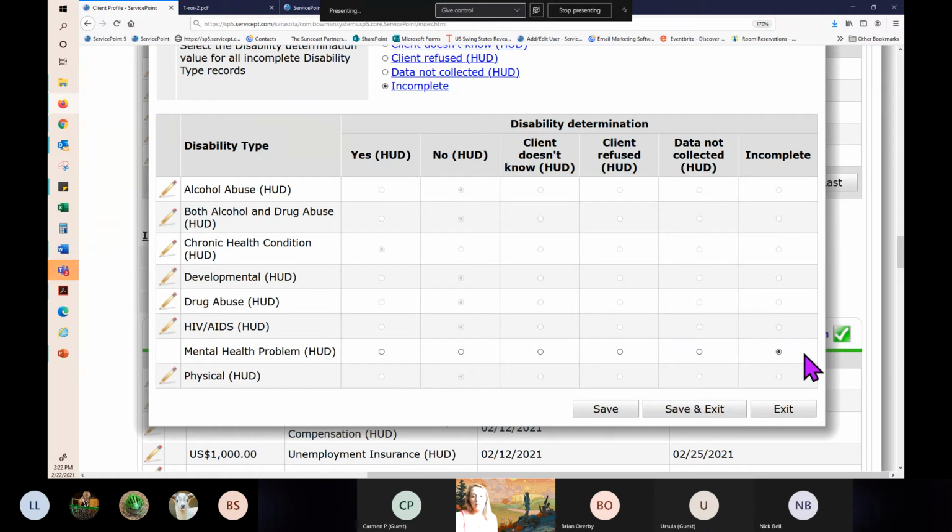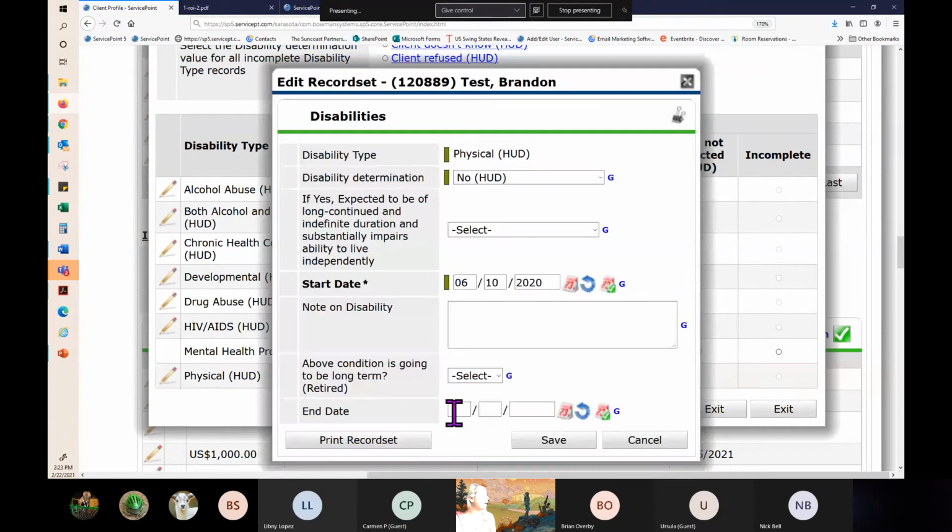From there, the system's saying, hey, there's no answer to this question now. Well, now you're going to say, as of this date, this response is no. Same thing with our physical condition. We are going to end this. We're not just going to change it to a yes, because that's writing on top of somebody else's data.